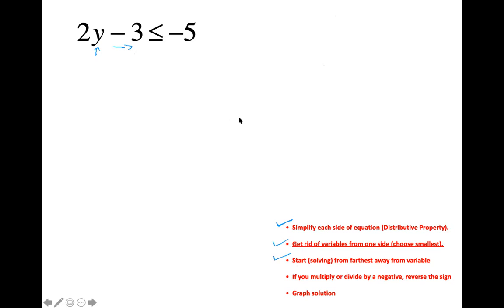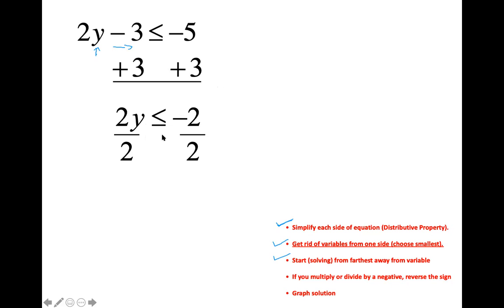All right, so let's see. To get rid of a -3, we're going to add 3 to both sides. Notice we're not multiplying or dividing by a negative, so I don't flip the inequality yet. -5 plus 3 is -2. Then we get rid of this 2, attached to the y by multiplication, by division. So we divide both sides by 2.